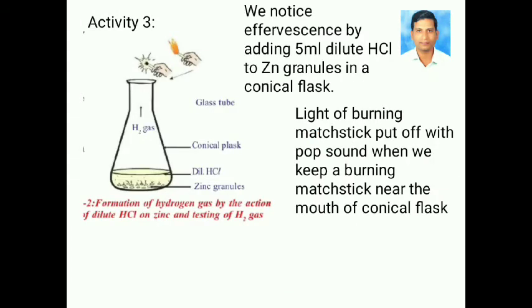Now let us start activity 3. Take a few zinc granules in a conical flask. Add about 5 ml of dilute hydrochloric acid to the zinc granules in the conical flask. We notice effervescence. Effervescence means gas bubbles form in liquid.